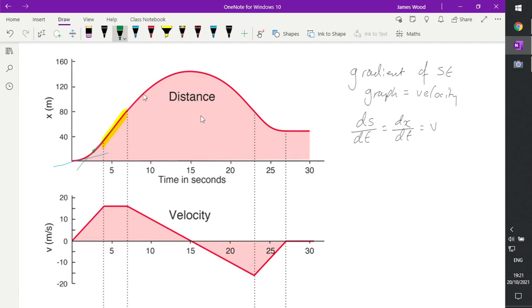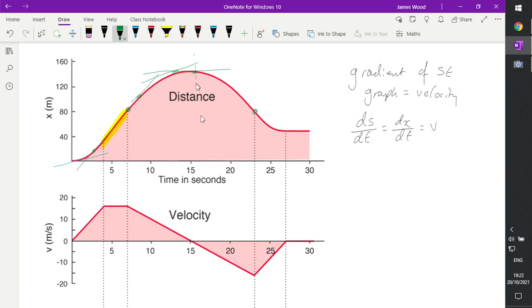After that, between this point and this point, it starts off with a positive gradient. Then it's still positive, but quite a lot less. Then at the top, it's 0. It's like a turning point. So you've got a gradient of 0.